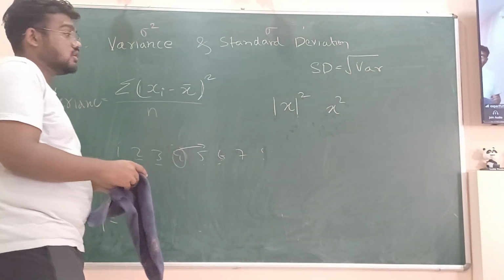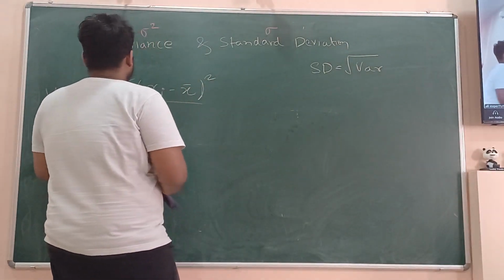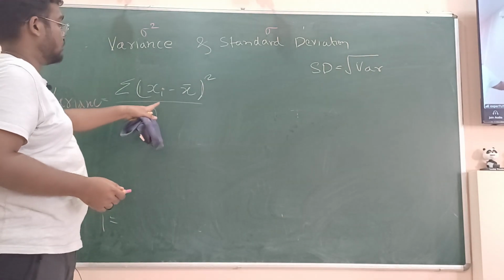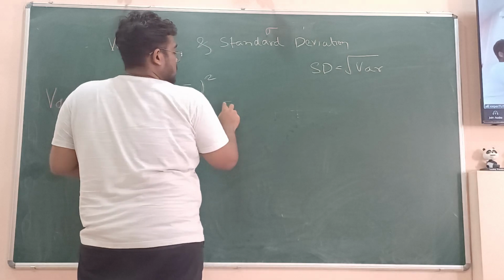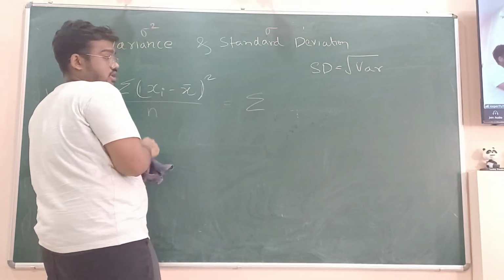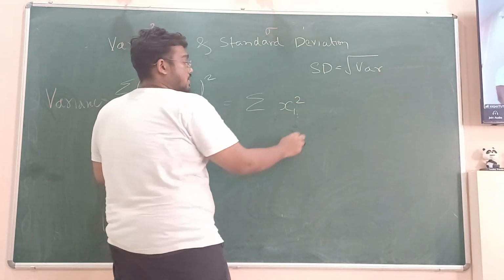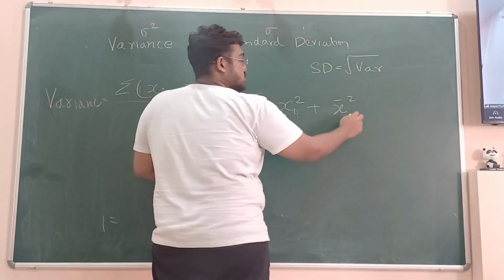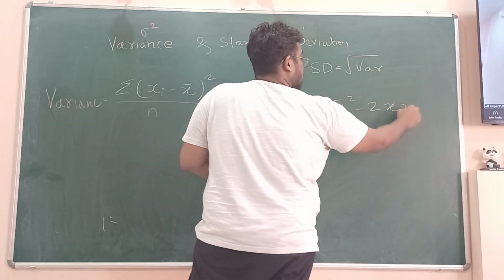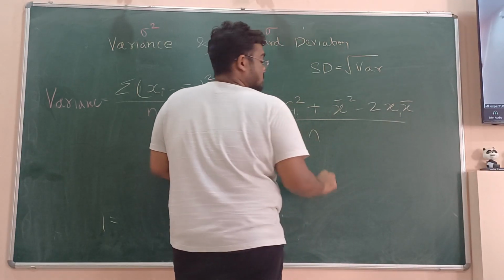There is one small thing here. Did you write this? If you open this, this is a whole square, no? So you get sigma of xi square plus x bar square minus 2 xi x bar, all by n.